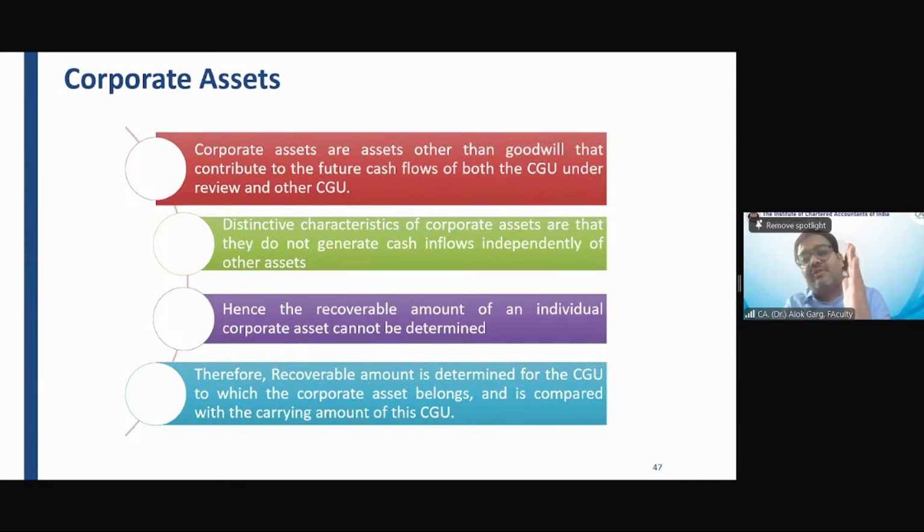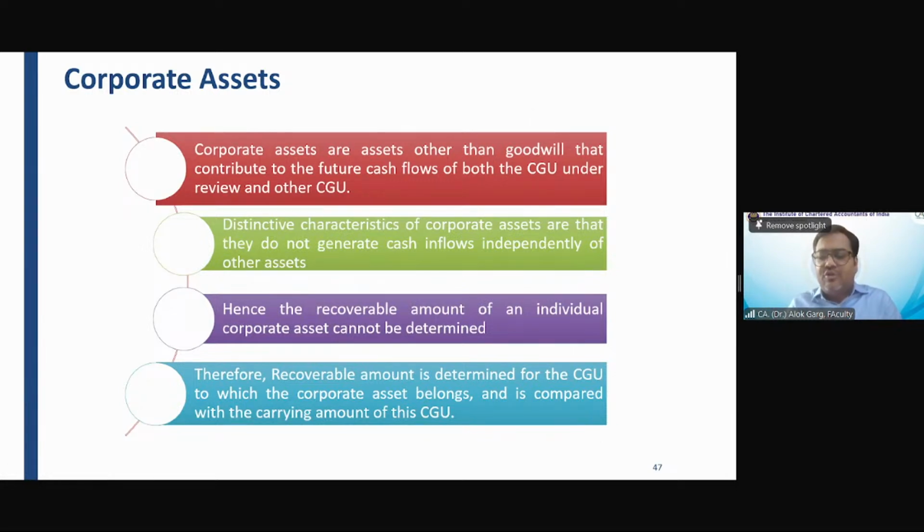So corporate asset को भी हम क्या करेंगे, पहले group कर देंगे, it will become part of a CGU. Then we will compute the impairment loss on the CGU. Then we will allocate the impairment loss on that CGU which has the corporate asset. Let's understand this concept with the help of an example.